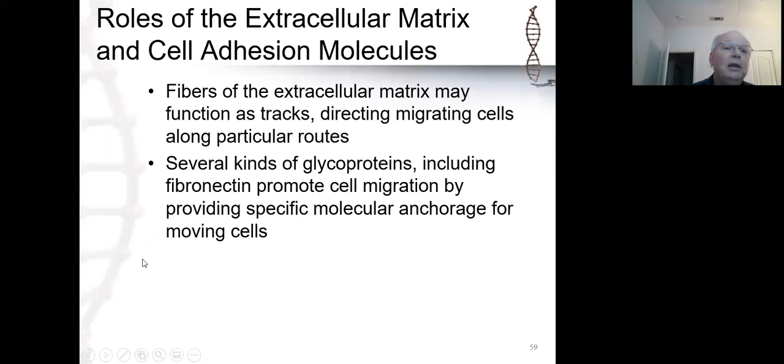When they get there, surface proteins act as cell-cell recognition proteins and also act as cell-cell adhesion proteins so that they can bind up with each other if that is necessary, which it typically is.